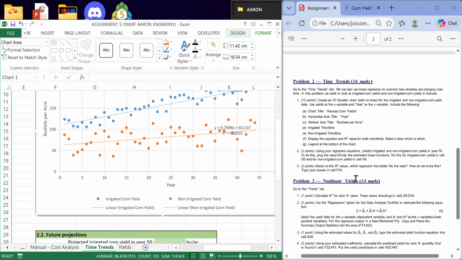Corrected that. And the legend at the bottom is clear.